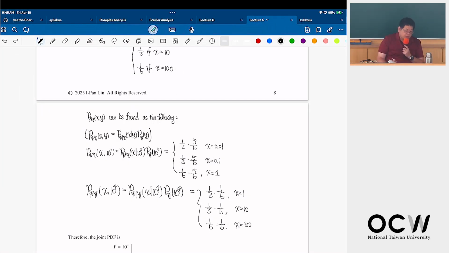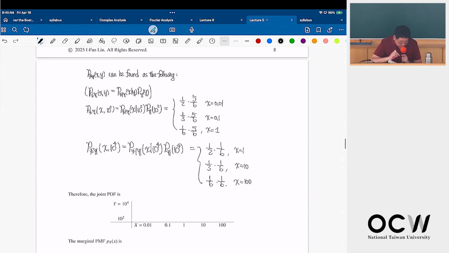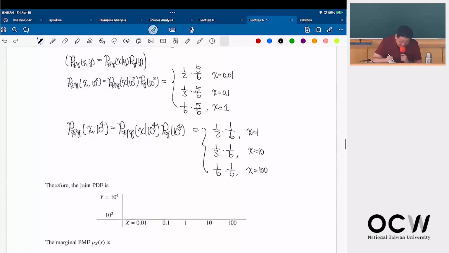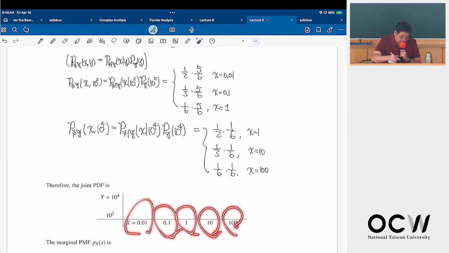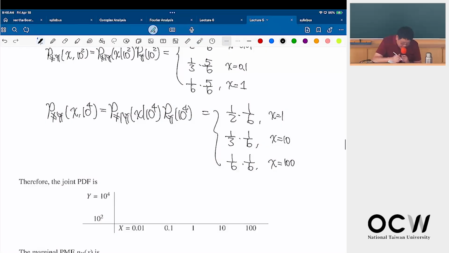So now we can find the joint PMF. For the joint PMF, here's the table. Y is either 100 or 10,000, and x is either 0.01, 0.1, 1, 10, and 100. So let's fill in. Here it should be 0.